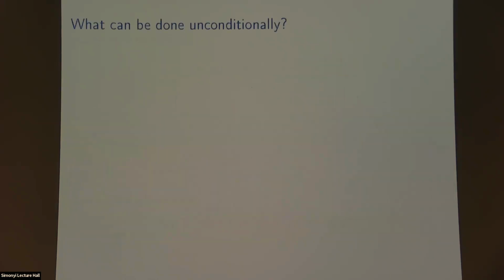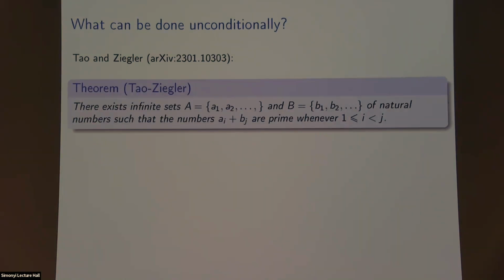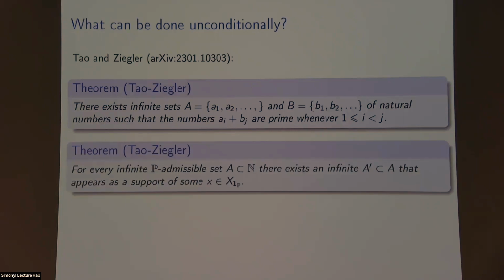But I would like to finish the talk by telling you what can be done unconditionally, because it is the most important. So there is a recent paper by Tao and Ziegler, and its main result is the theorem on subsets of integers, but they also provide the following theorem.